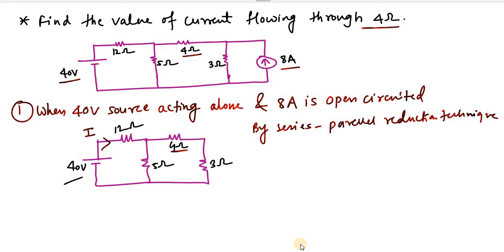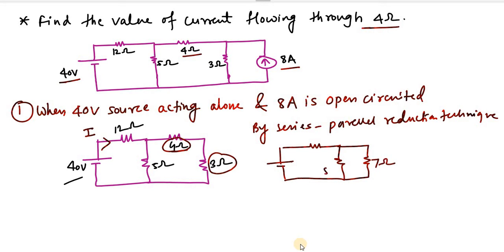This 4 ohms and this 3 ohms are connected in series, so we will simplify this circuit. The simplification of 4 and 3, since they are connected in series, is 7 ohms.